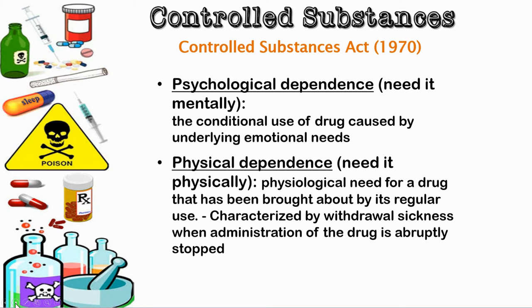Another type of addiction or dependence is physical addiction, and that's where you actually need it physically. And so the physiological need for a drug that has been brought about by its regular use.